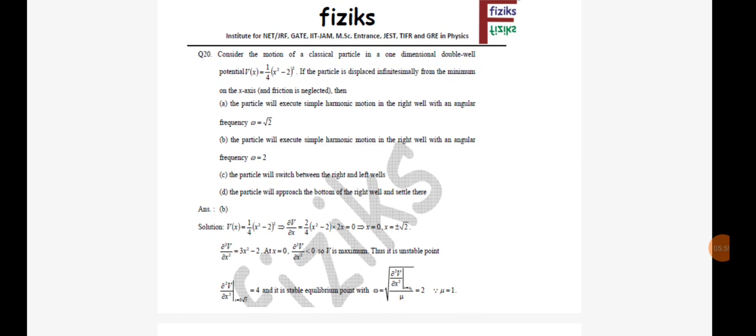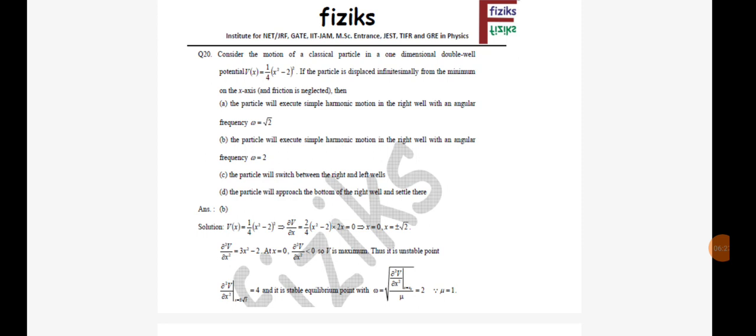And for dou squared V by dou x squared at x equivalent to plus and minus root 2, I'm getting a value equivalent to 4. This is positive, which represents a stable equilibrium point. So for the first value I'm getting an unstable point, and for the second value of x I'm getting a stable point.